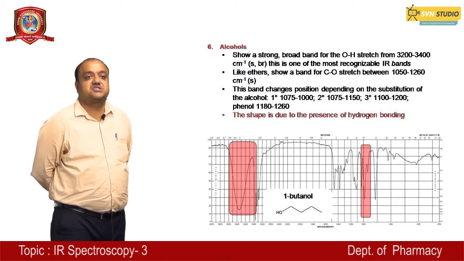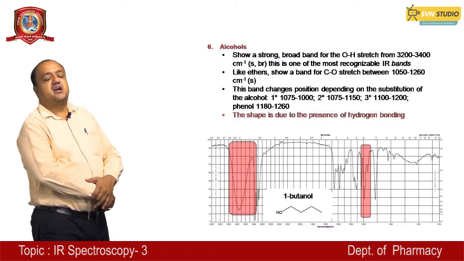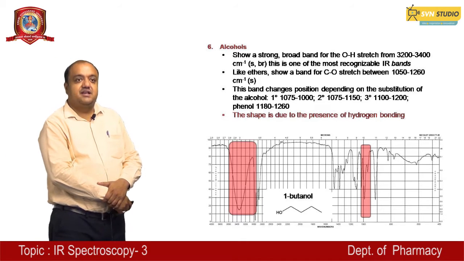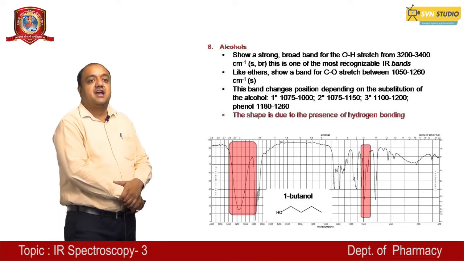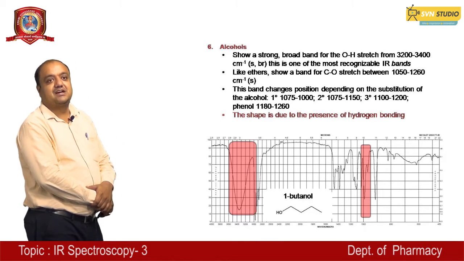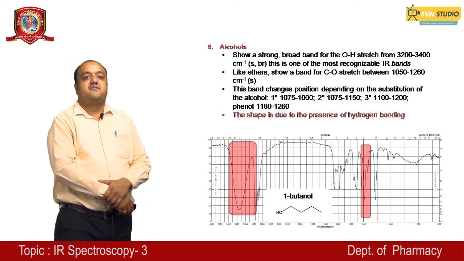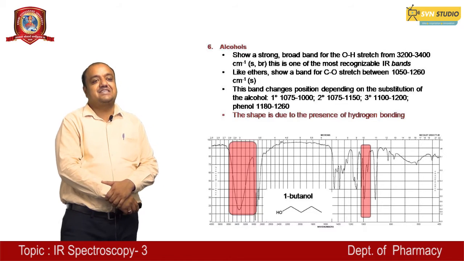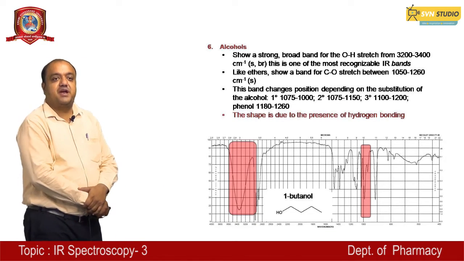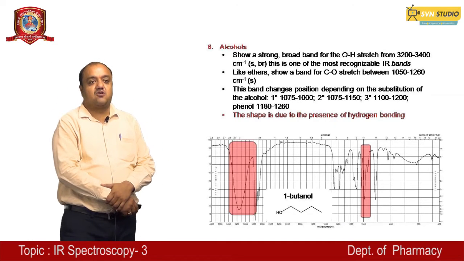Alcohols show a strong broad band for the OH stretch from 3200 to 3400 centimeter inverse, and this is one of the most recognizable IR bands. Like ethers, there is also a band for C-O stretch between 1050 to 1260 centimeter inverse, and this band changes position depending on the substitution of the alcohol.